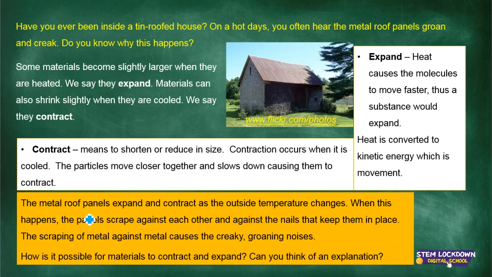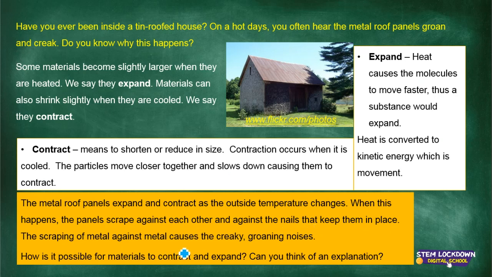Now, the metal roof panels expand and contract with outside temperatures. On a hot day, it's going to expand, and on a cool day, it will contract. When this happens, the panels scrape against each other, and also against the nails that hold them in place.